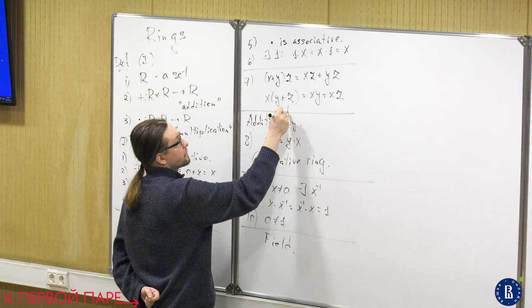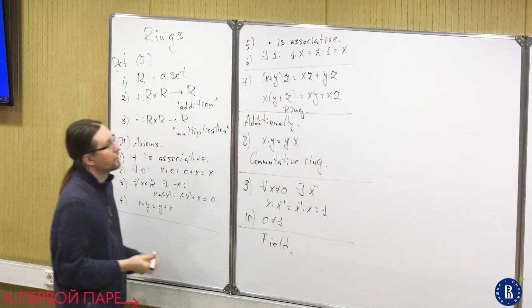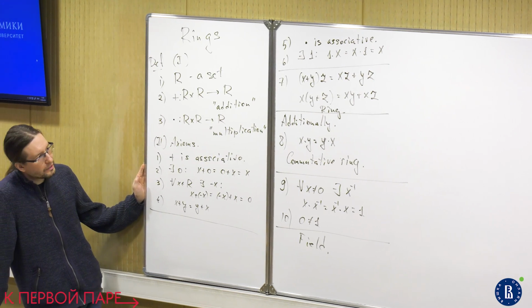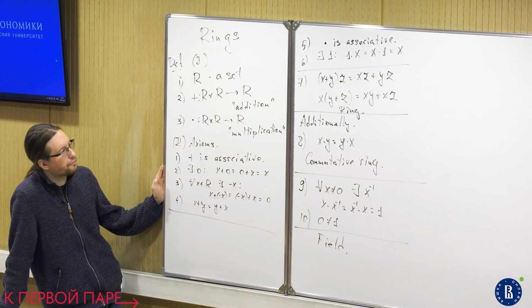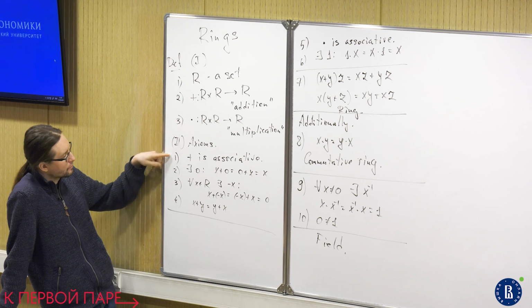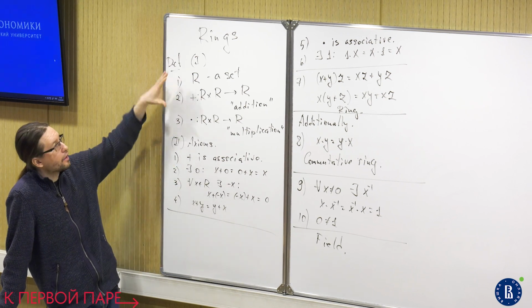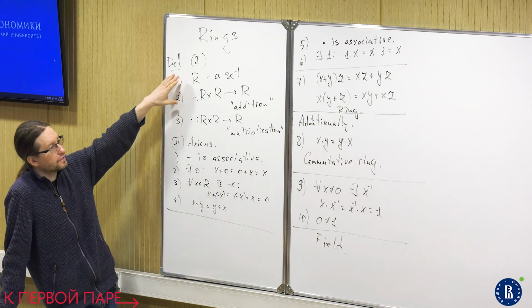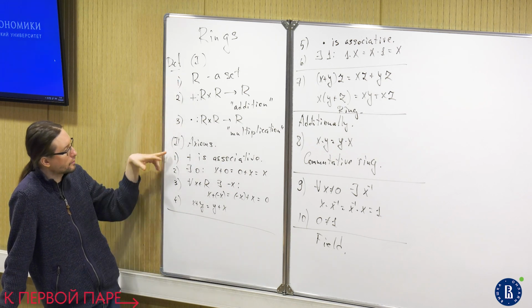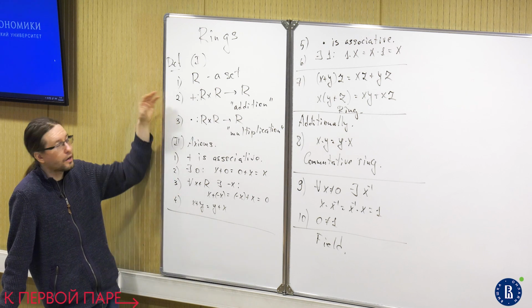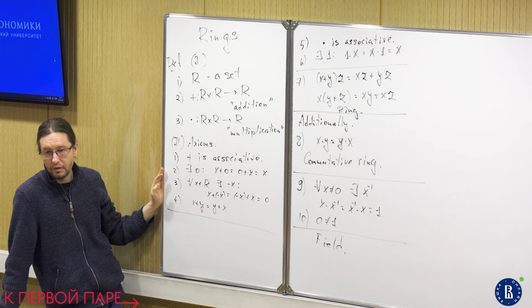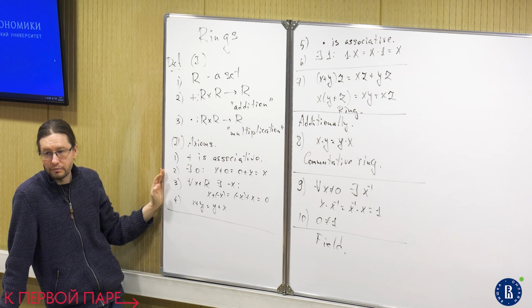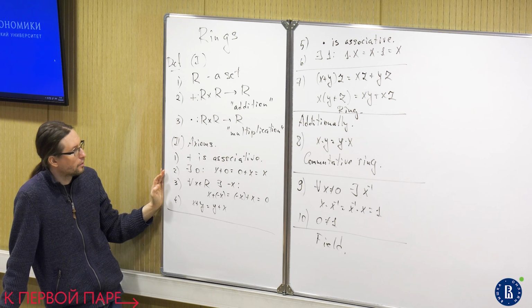So basically, I gave you 3 different definitions. When we're given axioms from 1 to 7, then R is a ring. When we're given axioms from 1 to 8, then R is a commutative ring. And when we're given axioms from 1 to 10, then R is a field. I believe you're already familiar with the definition of a field from the linear algebra course.